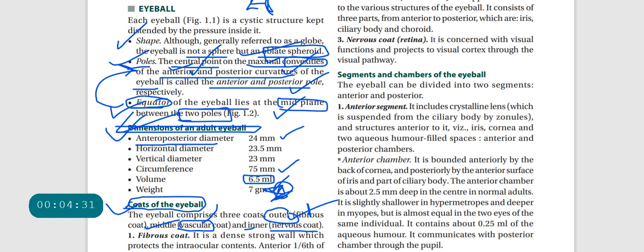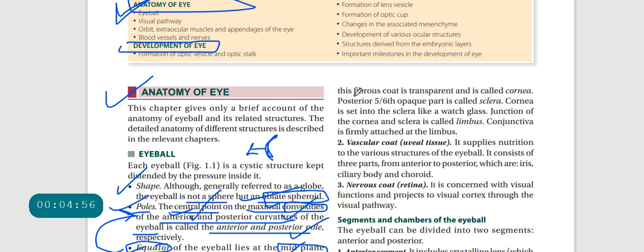The fibrous coat is a dense strong wall, and it is a protective wall for the eye. The intraocular contents, the contents present inside the eye, are protected by this fibrous coat. Now the anterior 1/6 of the fibrous coat is transparent, due to which we call it the cornea.